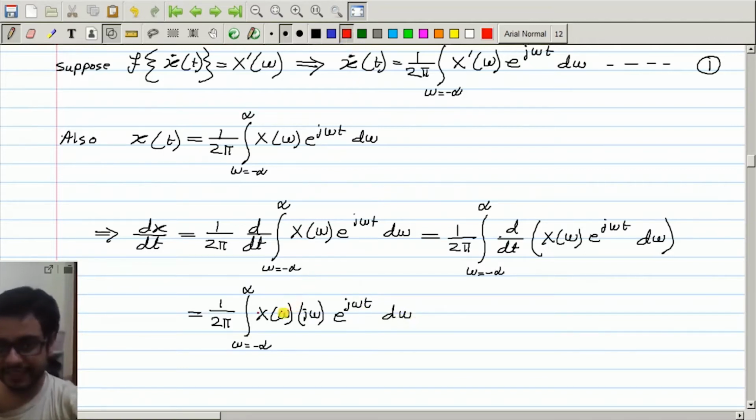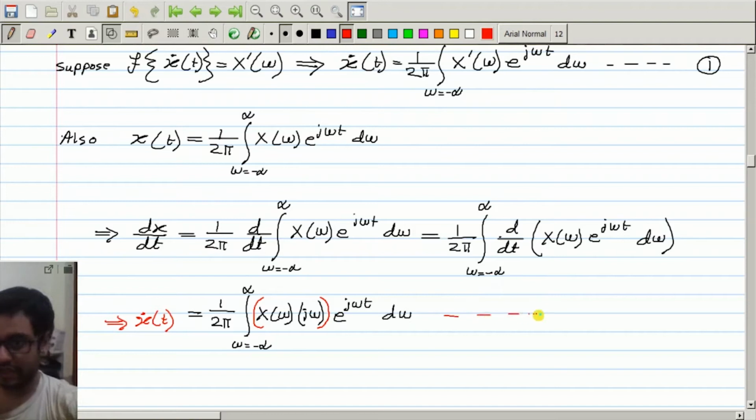Now the trick here is to put a bracket and we are done. So here this is x dot t, and now you compare this equation of x dot with this equation of x dot.